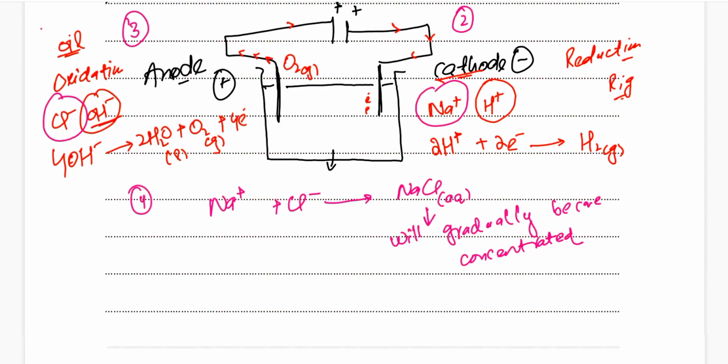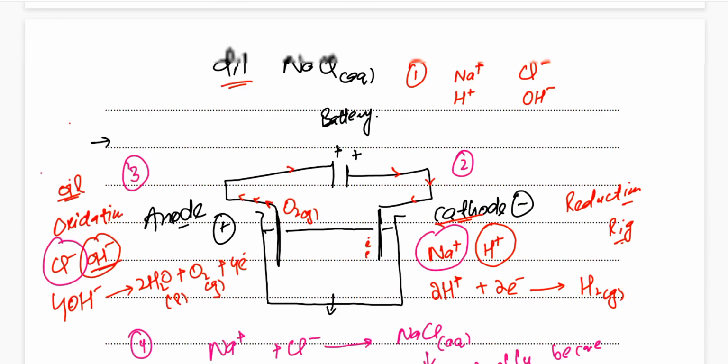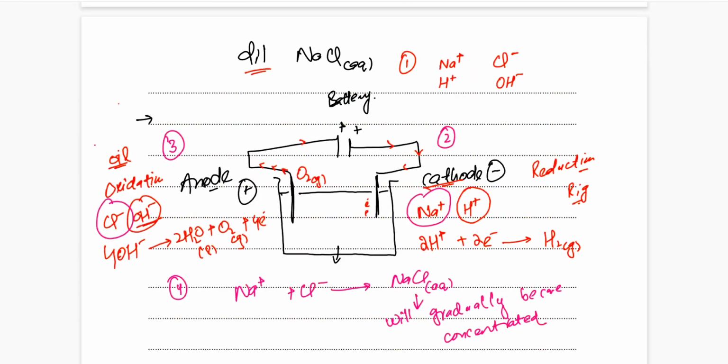Now you can have a look at this. I'm just going to make it a bit clear to you. You have to understand the procedure. Identify the cations and anions. What happens on the cathode? One of them will be selected, hydrogen.